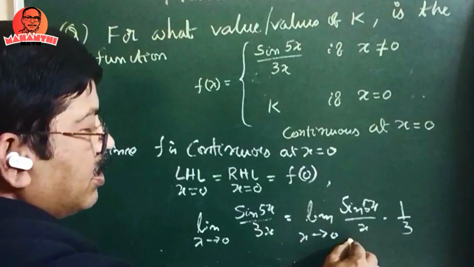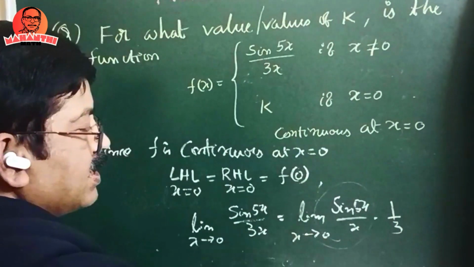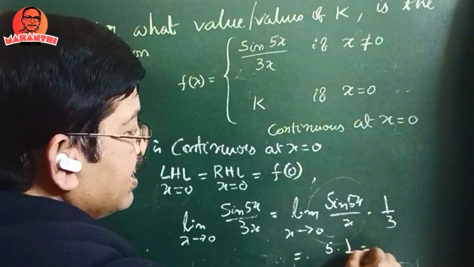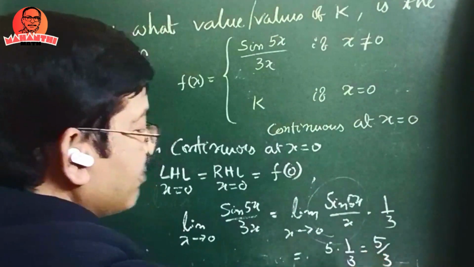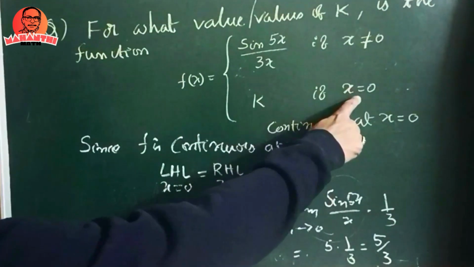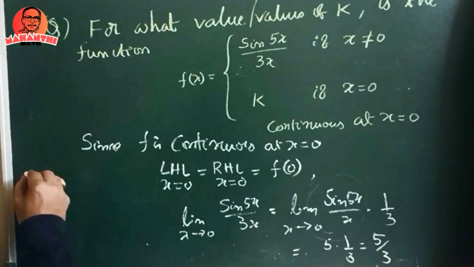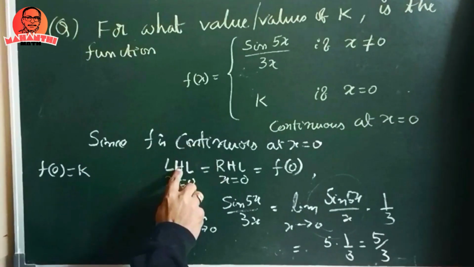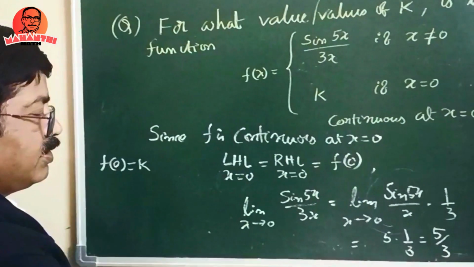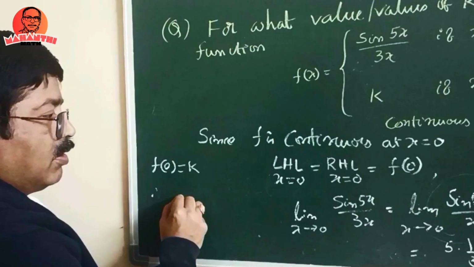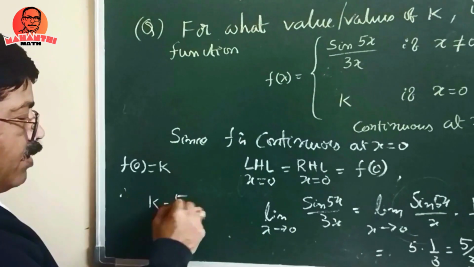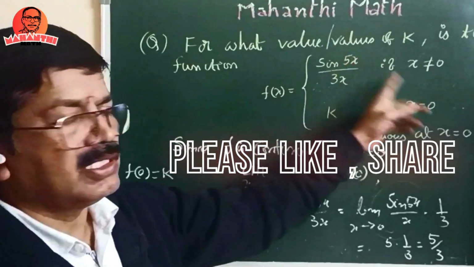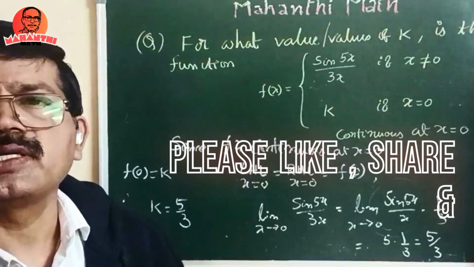By our formula, the value of this one is 5. 5 into 1 by 3 is 5 by 3. Limit value is 5 by 3. What is the function value f of 0 here? f of 0 is k. But it is given that limit value equals function value. Therefore, k equal to 5 by 3. So for the value of k equal to 5 by 3, this function is continuous at x equal to 0.